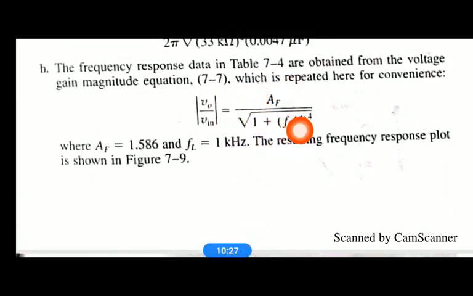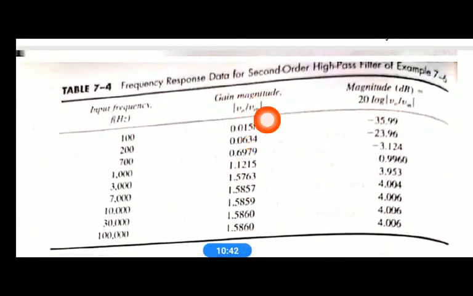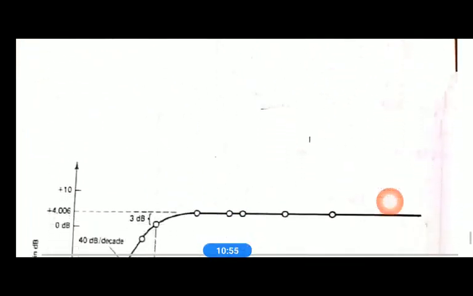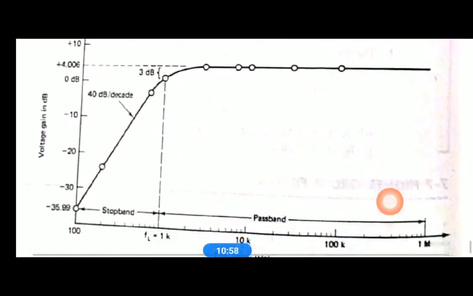Here f is in the denominator, FL is in the numerator. FL is 1 kilohertz, AF is 2, and f is 100, 200, 300, like that you go on and calculate the magnitude of V0 by V in. You convert that into dB using the formula 20 log of magnitude of V0 by V in. You will get this gain in dB. Those gain in dB points you have to plot.